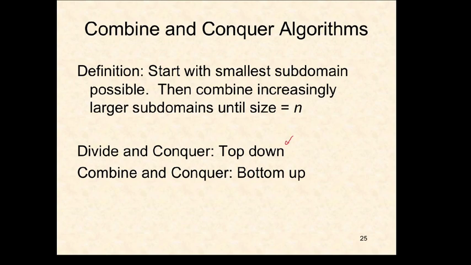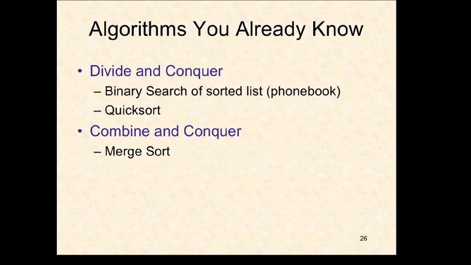For merge sort, we looked at a top down solution and a bottom up solution. For combine and conquer, we often can do a bottom up, but it's not the only way to do it. Whereas with divide and conquer, a top down approach is almost always the easiest way to implement it. So combine and conquer is really just a subset of divide and conquer.